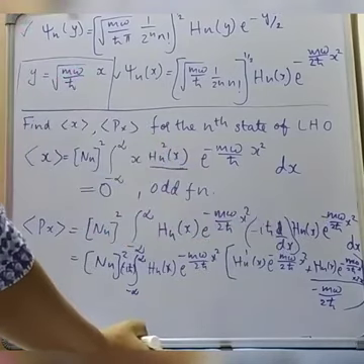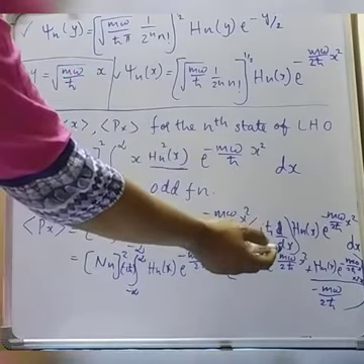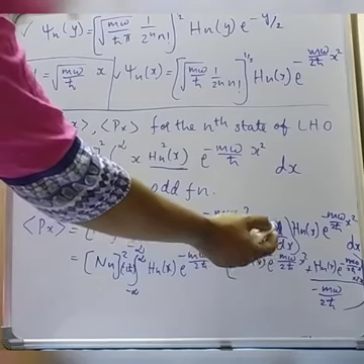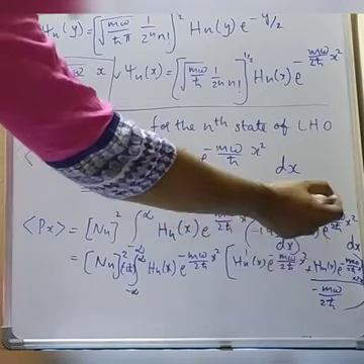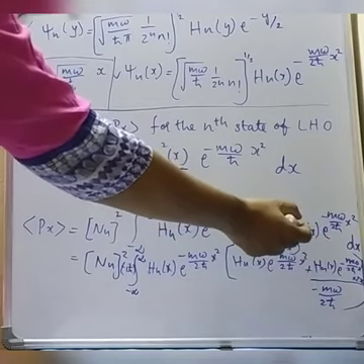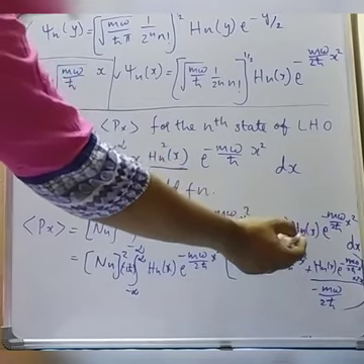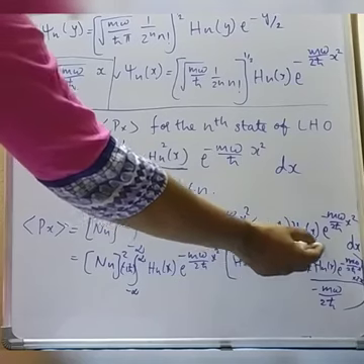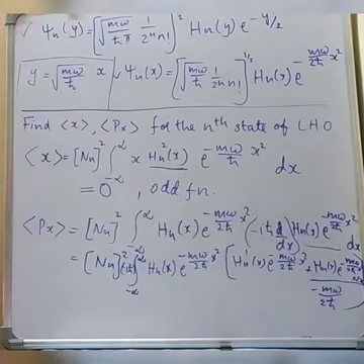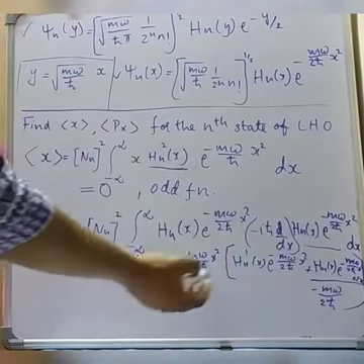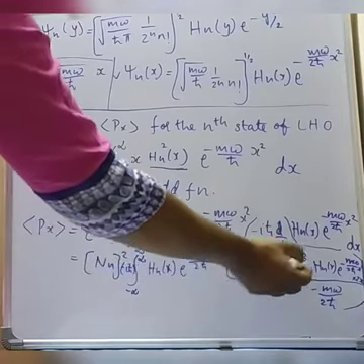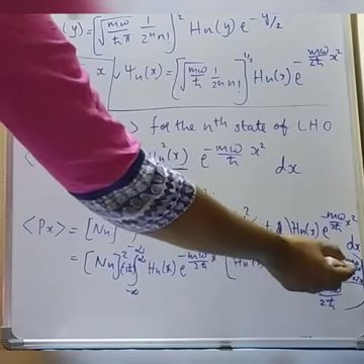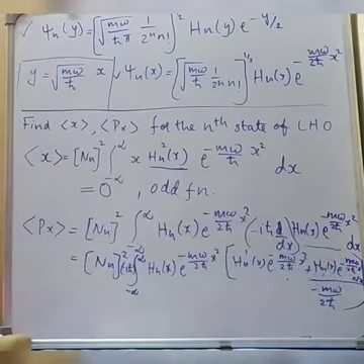Now here we have d by dx operating on this wave function psi n of x. So we have to consider differentiation by parts because we have 2 terms. First H_n prime of x into the exponential, then H_n of x into the differential of the exponential term.